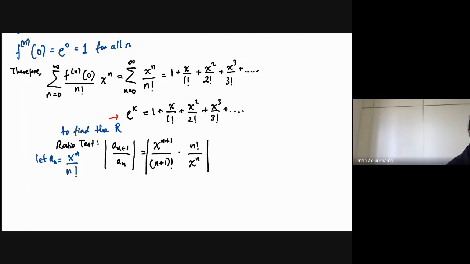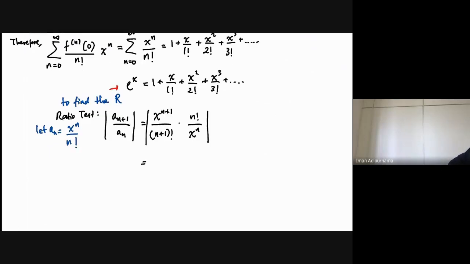Now we have the x, and so we have the absolute value of x divided by n plus 1.